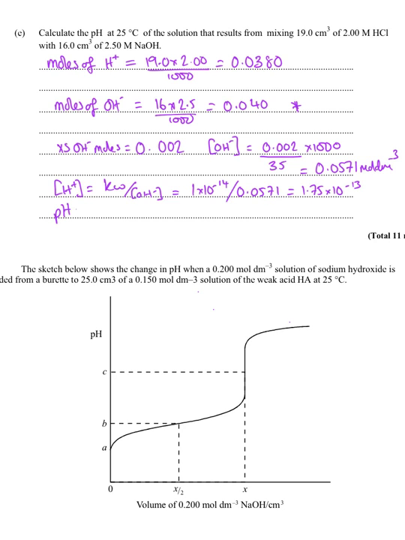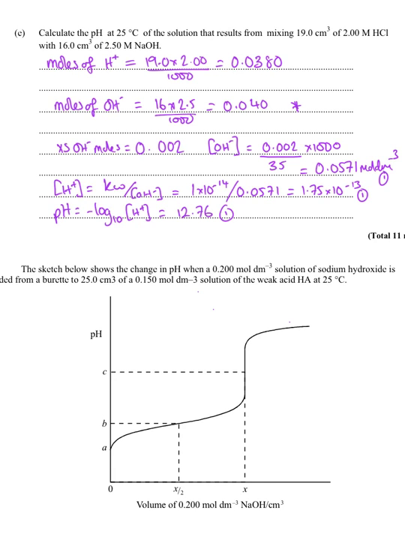Then to work out the pH, we're going to use minus log to the base 10 of the hydrogen ion concentration, which will give us a pH of 12.76. In terms of how the marks are allocated, you obviously get a mark for the final answer. You must show all of your workings to get the rest of the marks though.